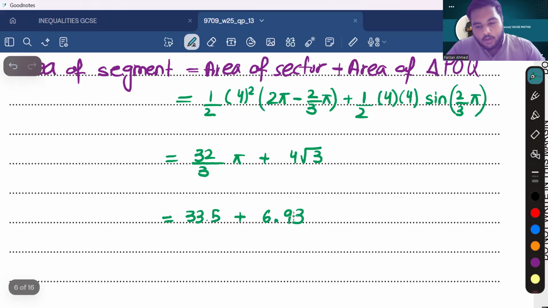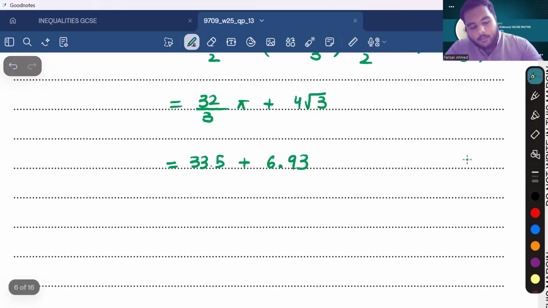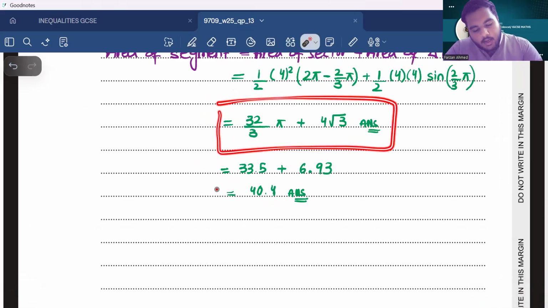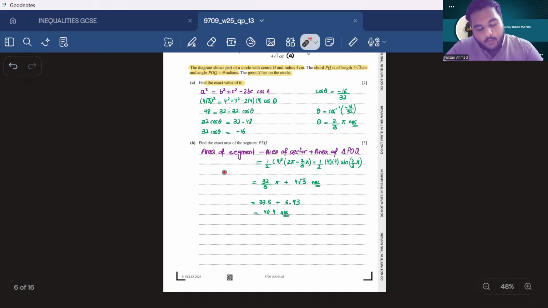So 33.5 plus 6.93 is equal to 40.43, about 40.4. Okay, so this is our answer, and this is also our answer. You can add like this and you can also write it like this. So now moving to question number 6.